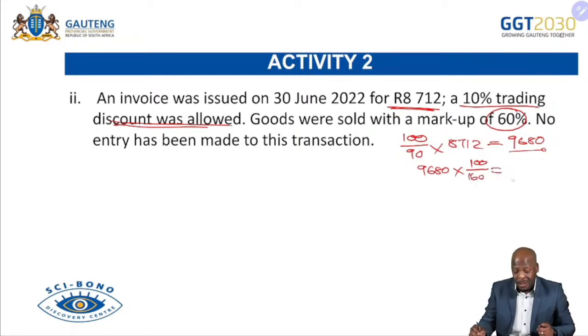If I say 9,680 multiplied by 100 over 160, how much do you get, guys? Someone is saying 6,050. So this is the cost of the goods.